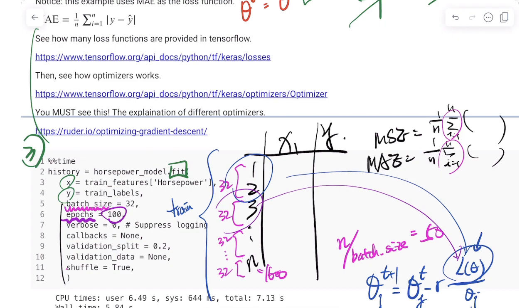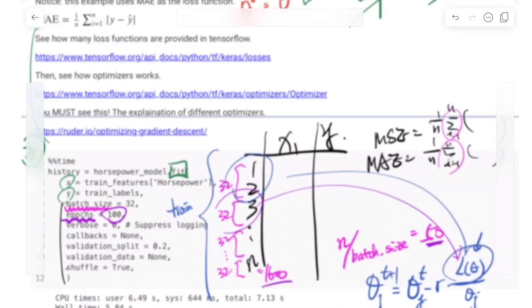That means in this training, you perform 100 different epochs, and for each epoch, you have 50 batches. So in total, that will be 5,000 partial differentiations in your gradient descent process to get the minimum value of MSE or MAE, in this case MAE.